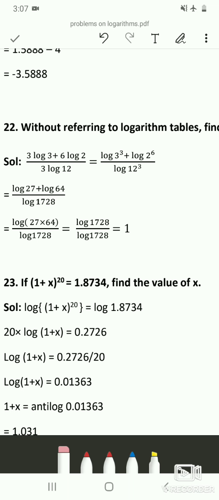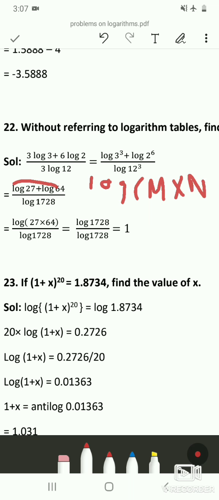So in the next step we'll get it as log 27 plus log 64 whole divided by log 1728, and again in the numerator this is of the form log m plus log n, which can be written as log of m into n. So here you have to decode, that is you have to go in the reverse order.